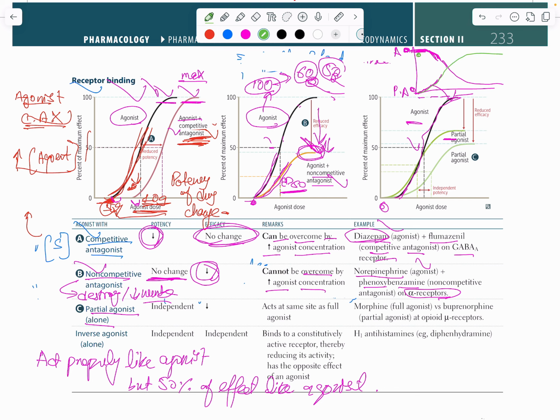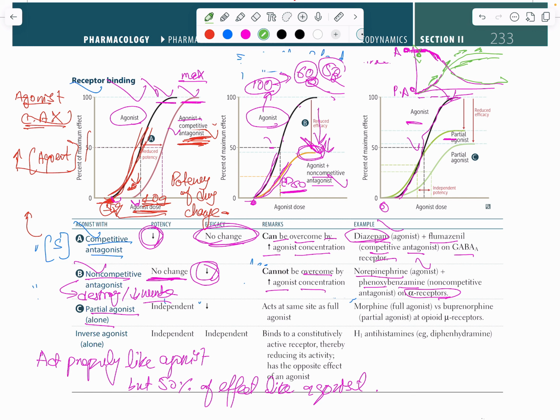At this point, the agonist was high, and the effect was also high. But as we are increasing the concentration of partial agonist, the desired effect will be decreasing.